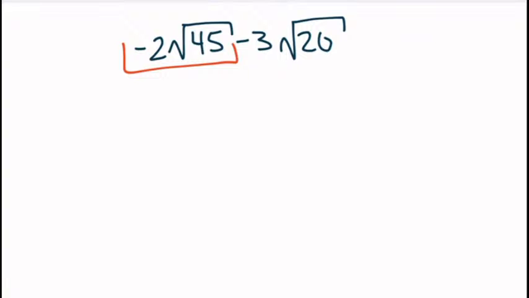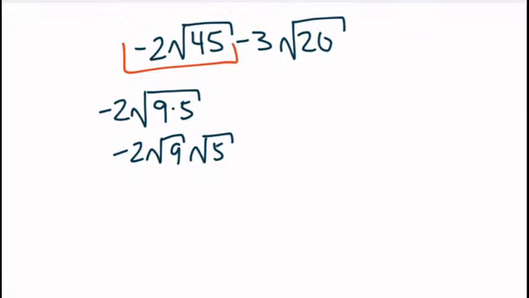If you think about the perfect squares starting with 4, smallest to largest, you can't divide 45 by 4, but you can divide 45 by 9. So we can simplify this into 9 times 5, because 9 times 5 is equal to 45. Put them in their own radicals, and then simplify the square root of 9 into 3. And so our final simplified version of negative 2 radical 45 is negative 6 radical 5.